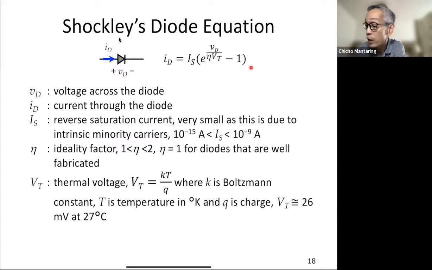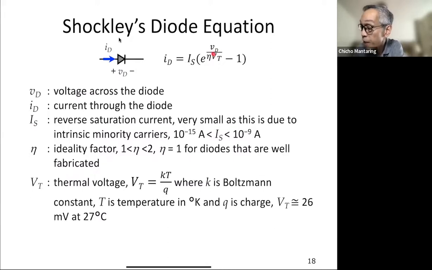No? This assumes that there's an excitation, and this is the voltage across the diode. We'll follow what we call the Shockley diode equation, and this is your Shockley diode equation. No? I sub D is equal to I sub S quantity e to the V sub D over eta V sub T minus 1. Where V sub D is your voltage across the diode, I sub D is the current through the diode. I sub S is what we call the reverse saturation current. This is the current that will flow if V sub D is negative.